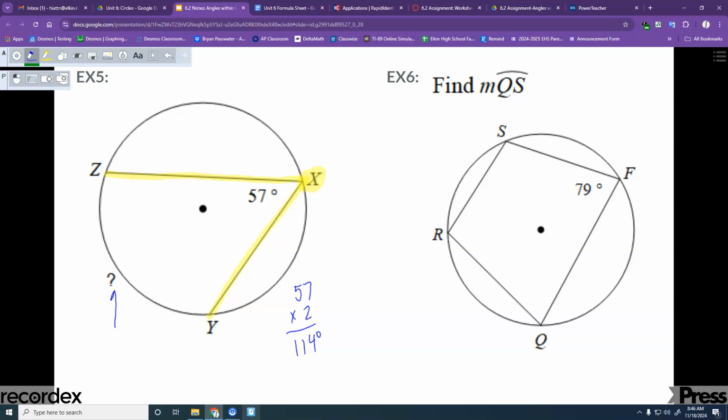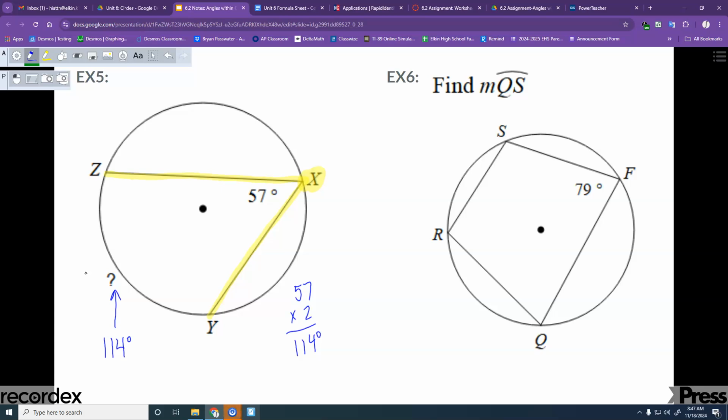So this arc right here would be 114 degrees. The arc is always bigger than the angle that goes with it for inscribed angles, so you will double it.